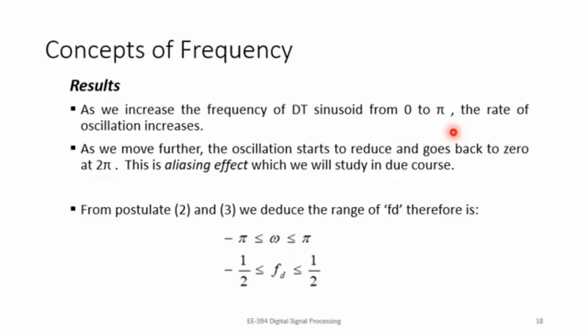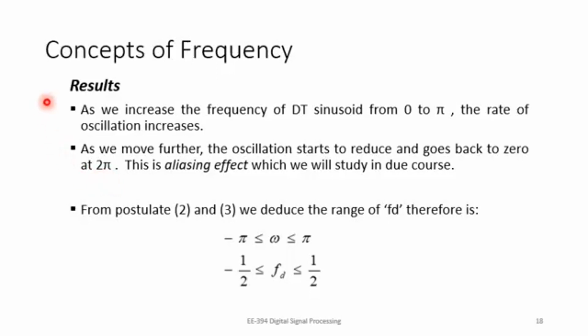If we are talking in terms of FD, it will be half. The rate of oscillation increases. Similarly, we note that as we move further, the oscillation starts to decrease and goes back to 0 at omega equals 2 pi or FD equals 1.